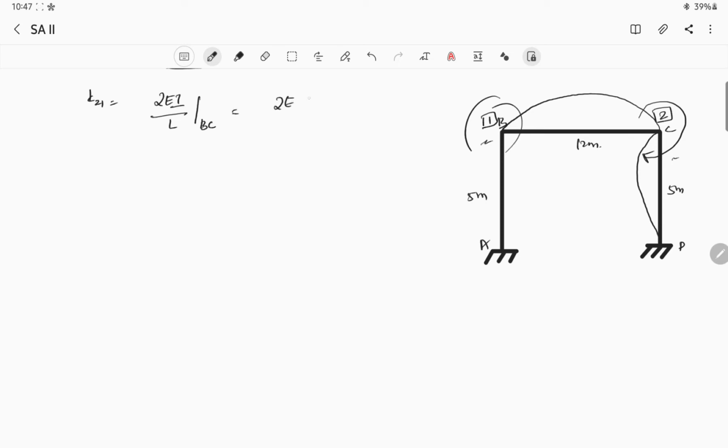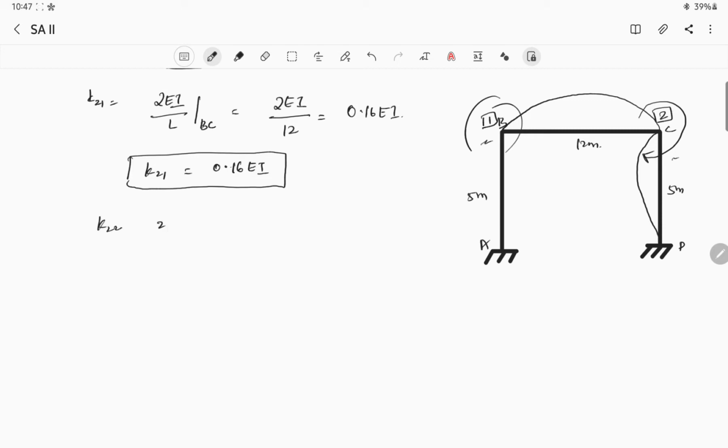So 2EI by L, that is 12, which is equal to 0.16 EI. So K21 is equal to 0.16 EI. This is K21. Now what about K22?